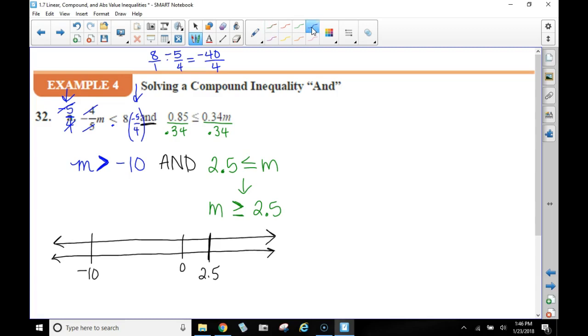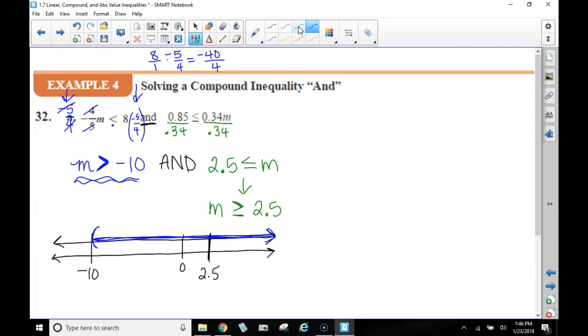Now, for my first graph, I'm going to graph m values that are greater than negative 10. Those are values of m that lie to the right of negative 10, and I put a parenthesis at negative 10 because I just had a greater than.